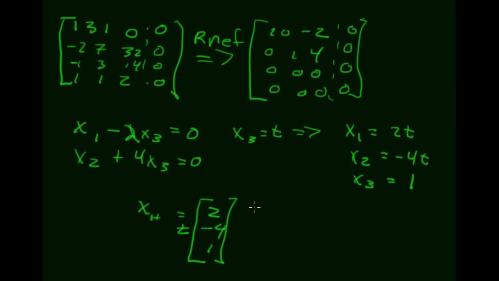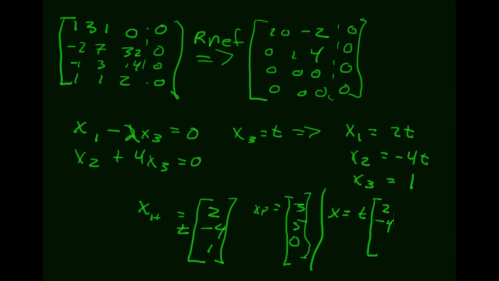Now I already found the particular solution, which was (3, 5, 0). So in the end, any solution in the form of t times (2, negative 4, 1) plus the particular solution (3, 5, 0) solves this system.